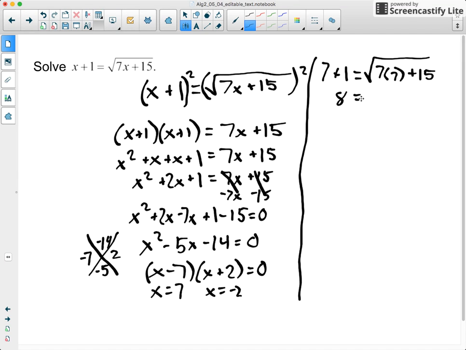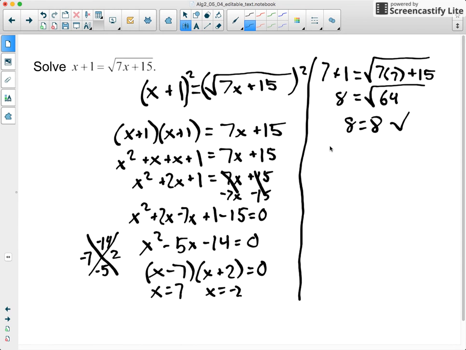So 8 equals the square root of 49 plus 15, and 49 plus 15 is 64. So I know the square root of 64 is 8. So 8 equals 8. So I know that's true.